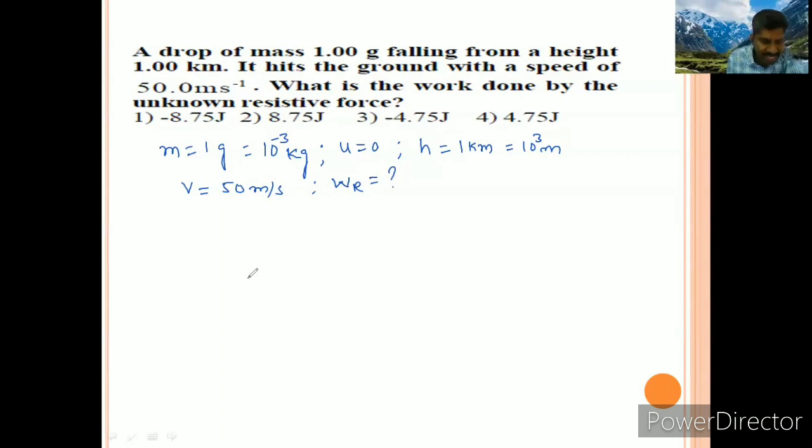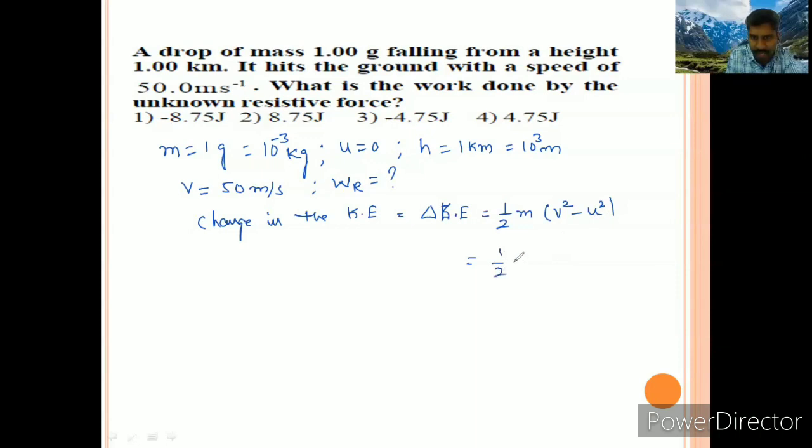So how can we calculate it? The change in the kinetic energy, delta KE, is equal to half m times final velocity square minus initial velocity square. Initial is 0, so half m, where m is 10 to the power of minus 3, v is 50 into 50.